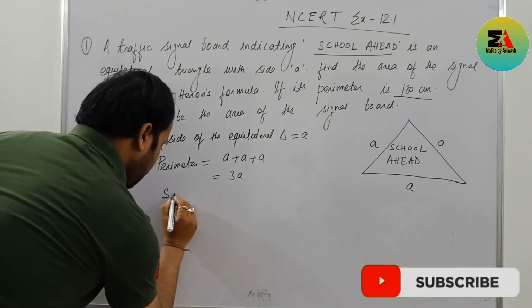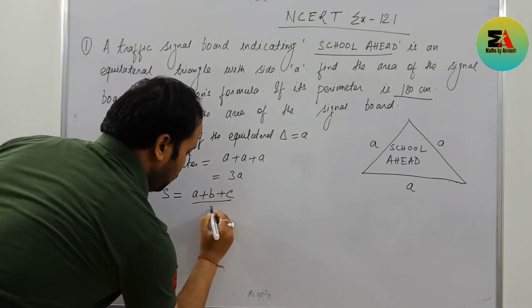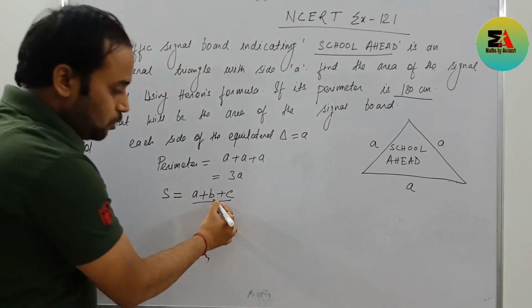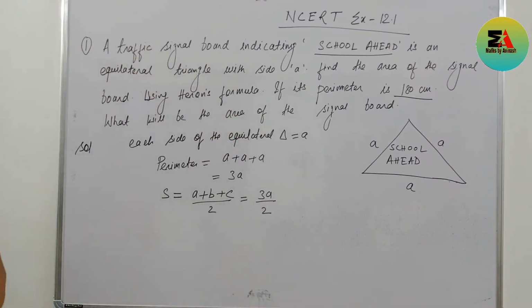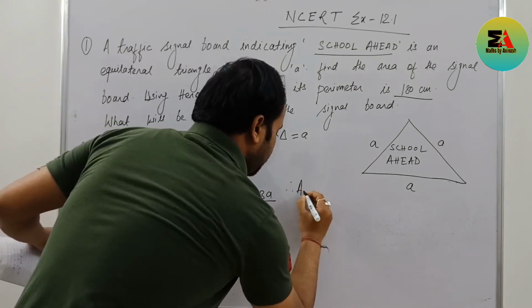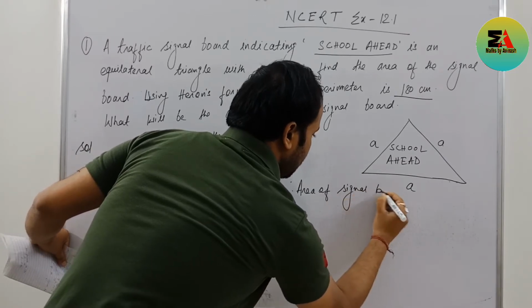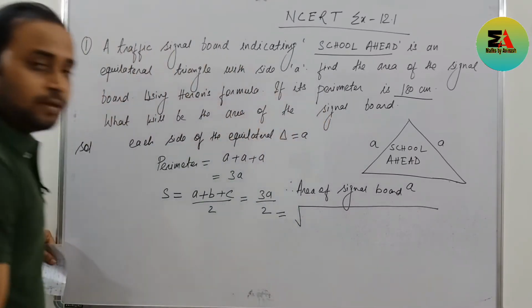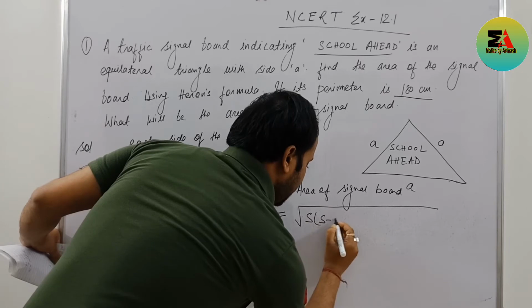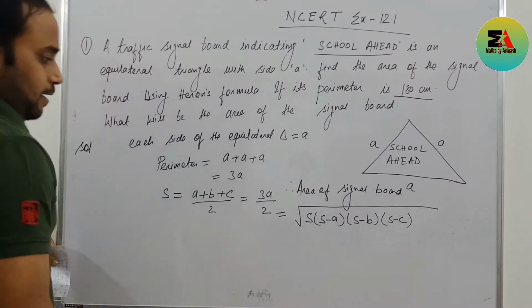We already know the semi-perimeter of Heron's formula: s equals a plus b plus c by 2. Here a is our a, b is also a, c is also a. So we write 3a by 2. Now, therefore, the area of the signal board is equal to root of s into s minus a, s minus b, s minus c.